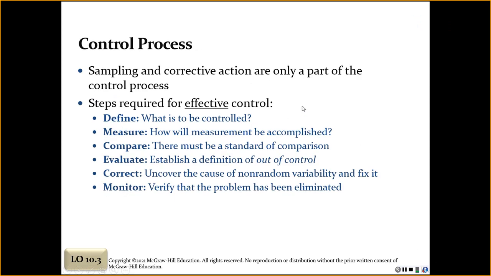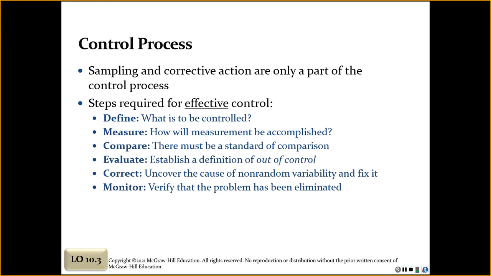So, steps in controlling, having an effective control process. The first step is to sufficiently define what's to be controlled. It's not enough, for example, to simply refer to a painted surface. The paint has a number of important characteristics, like how thick it is or the resistance to fading or chipping.